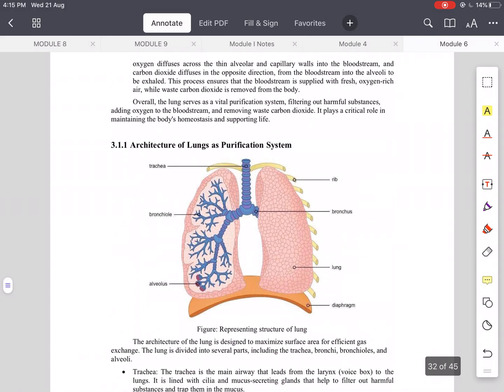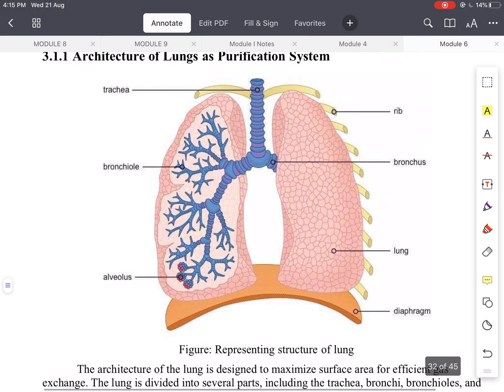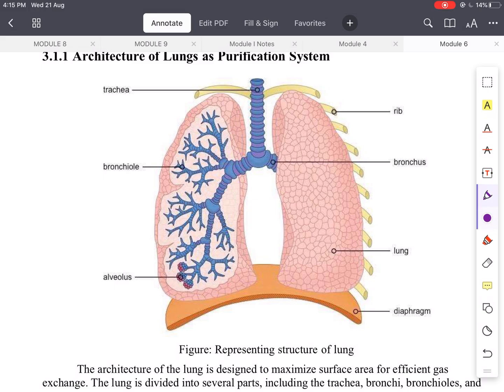Seeing the more detailed structure of the lung, once we inhale the air, it passes through what we call the windpipe. Technically, we have the trachea. The trachea is a small tubular structure which carries the air that we inhale. Then this trachea branches out into two branches.